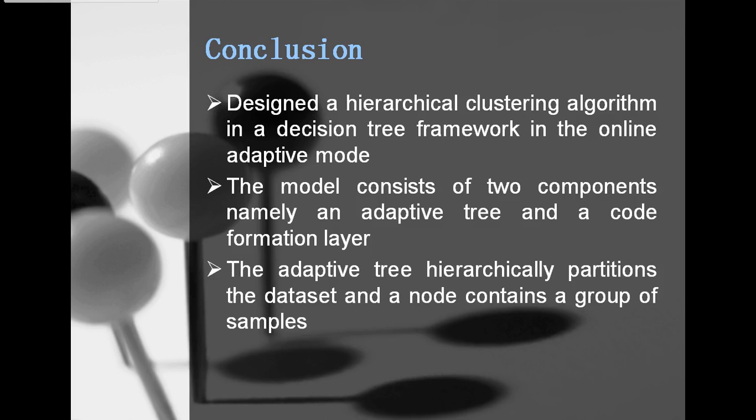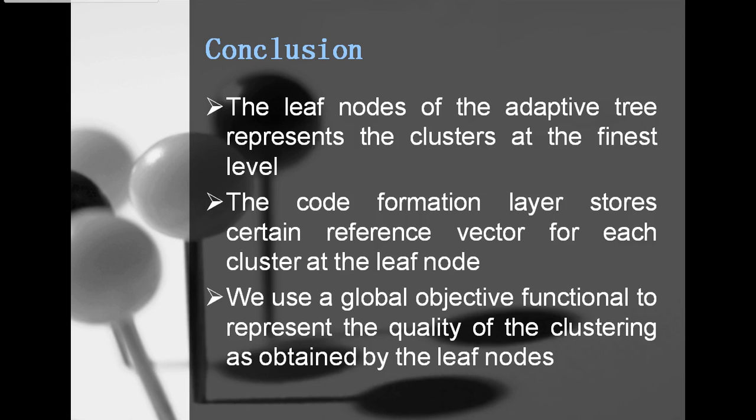The adaptive tree hierarchically partitions the dataset, and a node contains a group of samples. The leaf nodes of the adaptive tree represent the clusters at the finest level. The code formation layer stores a reference vector for each cluster at the leaf nodes. And we use a global objective functional to represent the quality of the clustering as obtained by the leaf nodes.